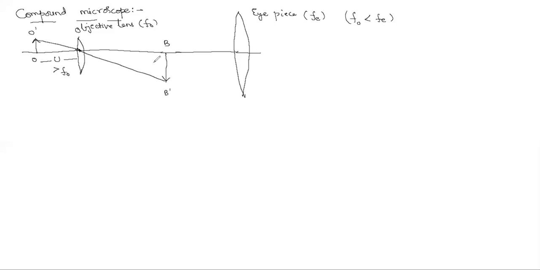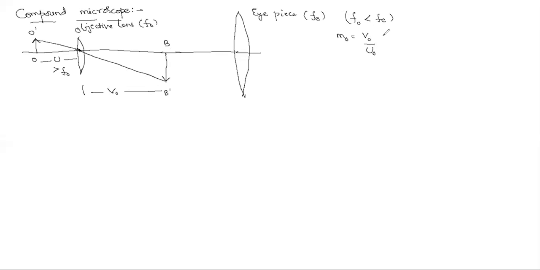This image behaves as object for the eyepiece. It is the image distance for the objective lens, V0. Better we write here the linear magnification of the objective lens, MO, is equal to V0 by U0.